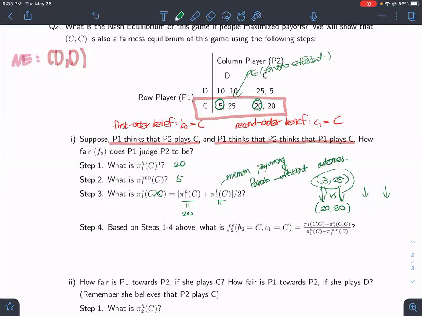So if I make one person better off, then the other person should be worse off. So in this case, these two are all Pareto efficient allocations or outcomes. And among all the Pareto efficient allocations, the minimum payoff of player one is 5. So let me put 5 here. So this is 25 over 2. Any questions?